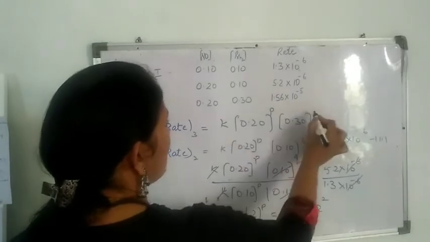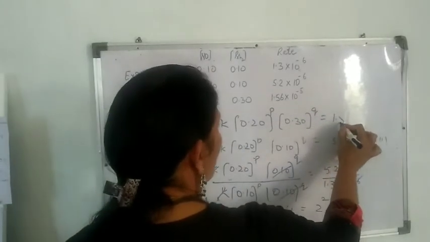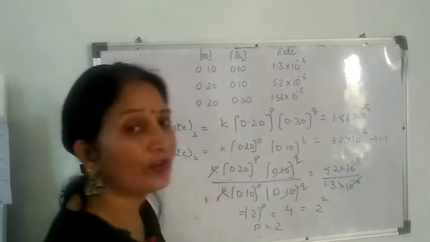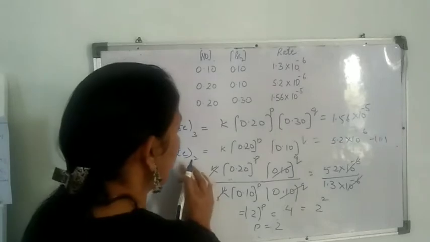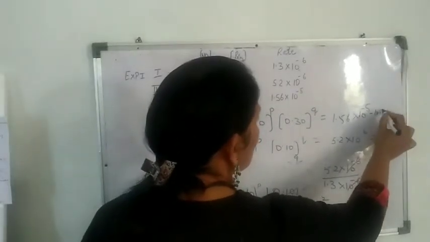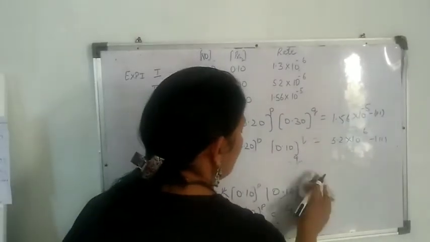This raised to power P, this raised to power Q is equal to 1.56 into 10 raised to power minus 5. We will divide equation 3 by equation 2 and find out the order.